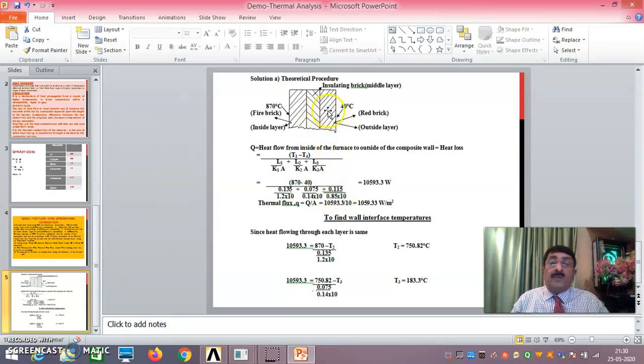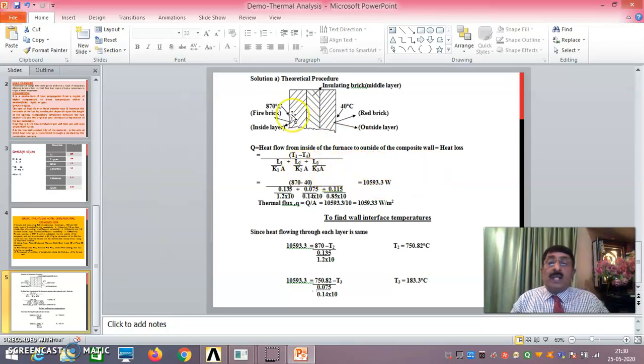This is 0.115, this is 0.075, this is 0.135 when converted from centimeter into meter. That is, this is 13.5 centimeter, this is 7.5 centimeters, this is 11.5 centimeter. Since the thermal conductivity given is watt per meter degree centigrade, we will have watt and meter consistent.